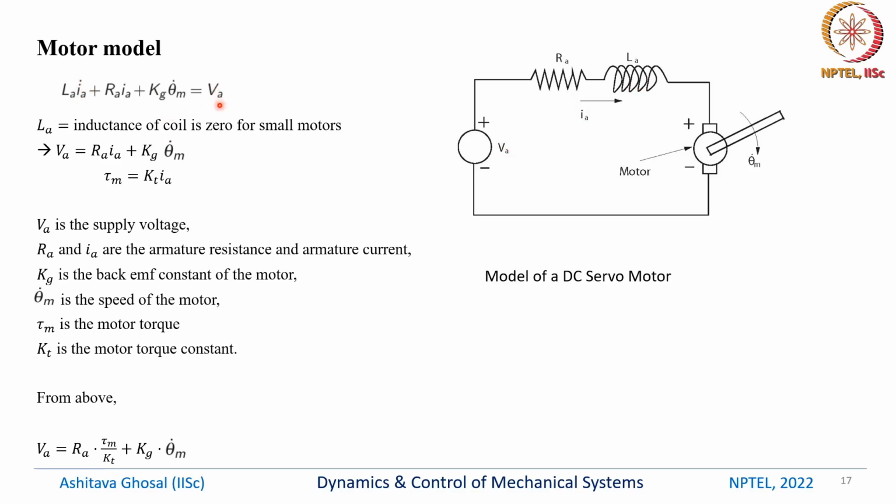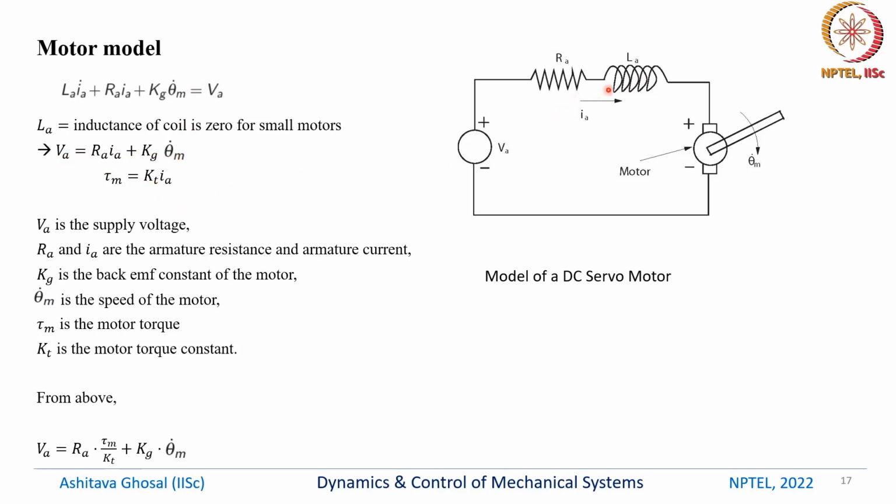So we have voltage applied is nothing but the drop in the resistor RA IA plus whatever is the back EMF. So we can solve for I from this equation. So I will be given by VA minus kgm theta dot divided by RA.